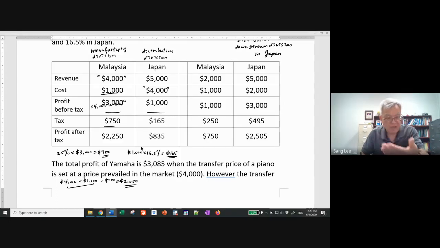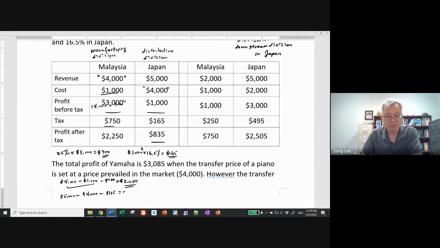So profit after tax is what? $835. That is retail price 5,000 minus the transfer price 4,000, minus tax 165.